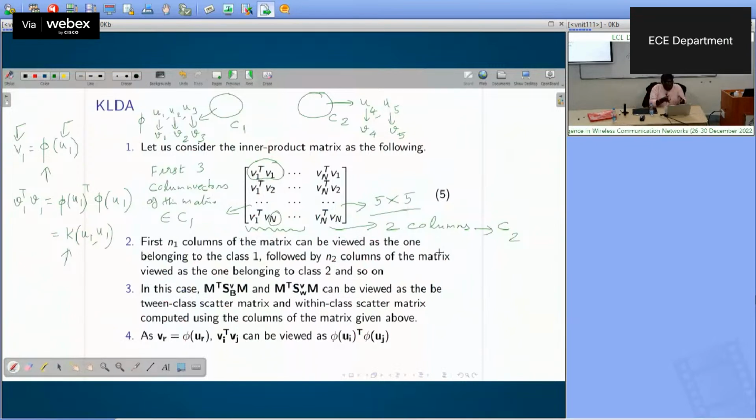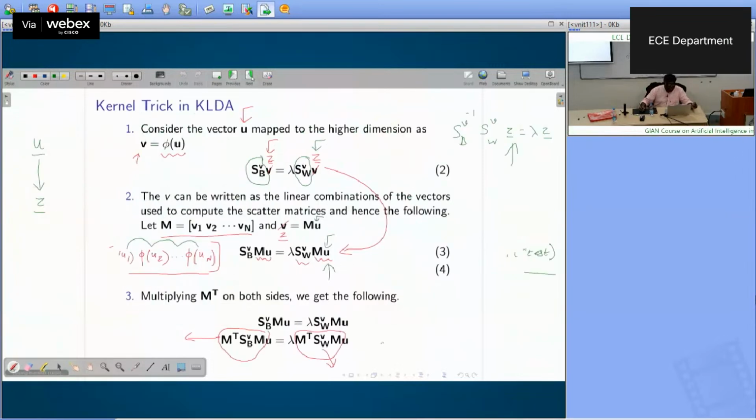Using these new 3 vectors and 2 vectors, I can comfortably compute the between class scatter matrix and within class scatter matrix. You know how to do it. That formula is already there. Those between class and within class scatter matrices are M transpose SBV M and M transpose SWV M. They are not SBV.